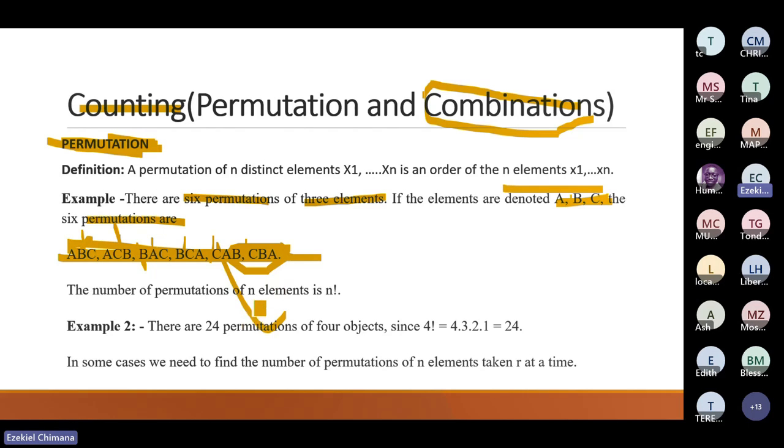The number of permutations of n elements is n factorial. I'm sure you know the issue of factorial. You are given 2 and asked to find 2 factorial. What do you do there? I think these ones are basic mathematics.